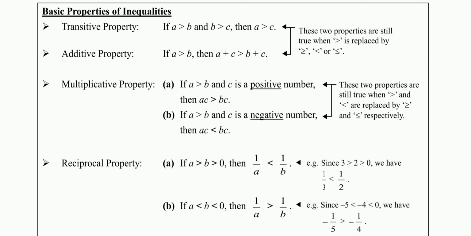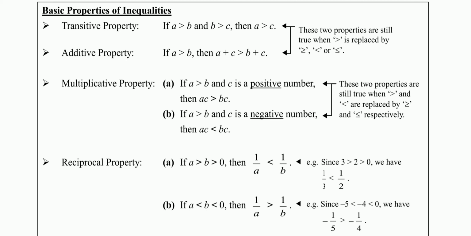So first of all, when we want to tackle some problems about inequalities, for addition or subtraction, we can follow the rules of equations. There are some names we can refer to. First of all, we call the transitive property.